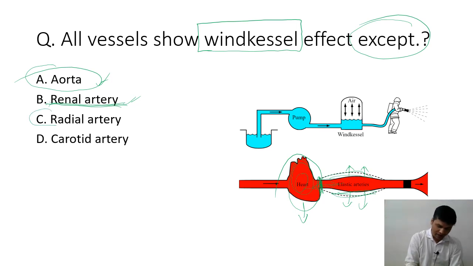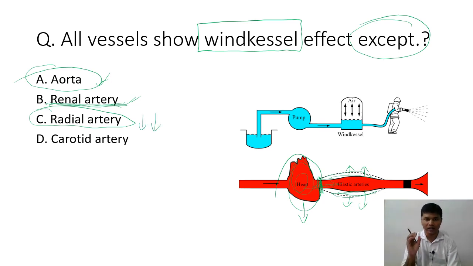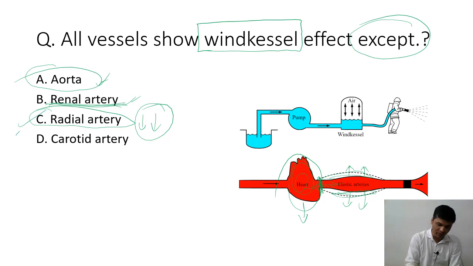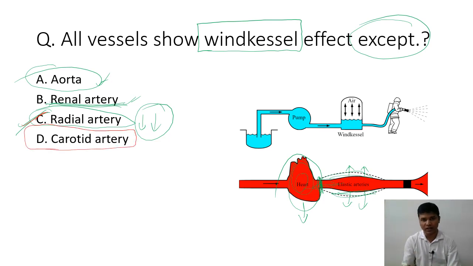Then the radial artery is a peripheral branch. Elastic tissue is also there, but in less amount, so it will show less Wien-Kessel effect, and you can tick mark it as the answer. The other one is the carotid artery, which also shows the Wien-Kessel effect because it is a direct branch from the aorta, one of the main arteries.